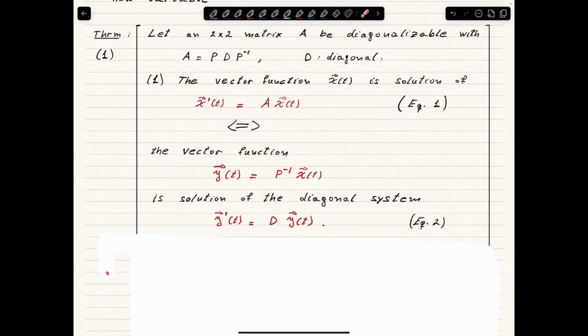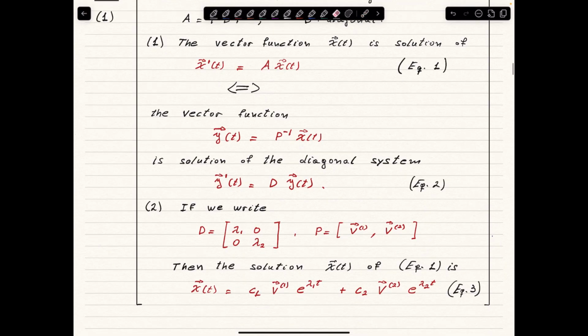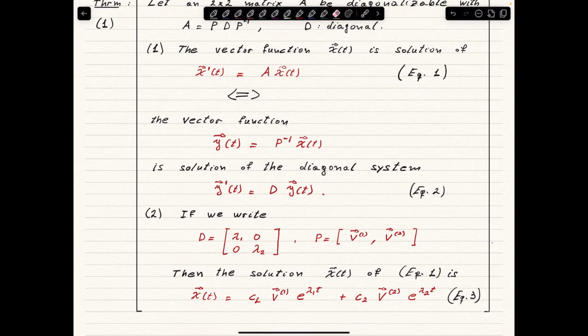To transform back, we need the expressions for P and D. Suppose P is given by v1 and v2, and D by lambda 1 and lambda 2.